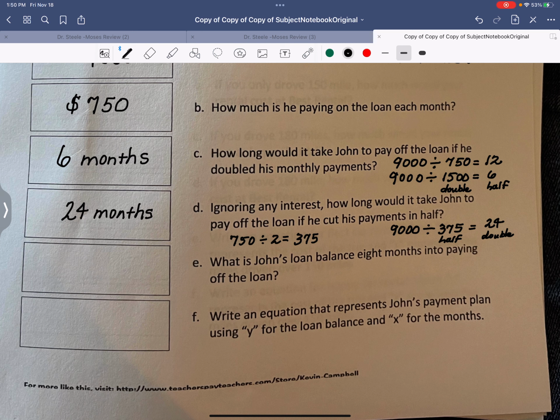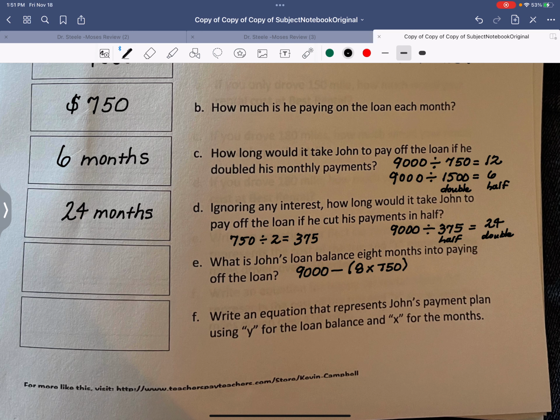What is John's loan balance 8 months into paying off the loan? Well, there are a couple of ways we can do this one. I'm going to show you the longer one first. This is not the way I would do it, but we'll see how it works. 9,000 minus 8 months at $750 a month.